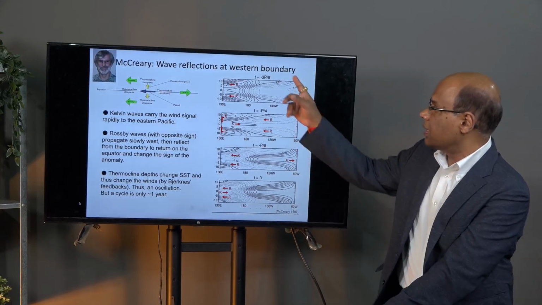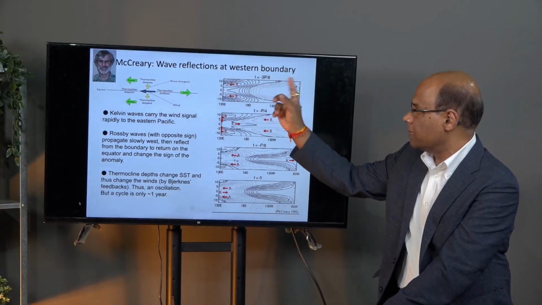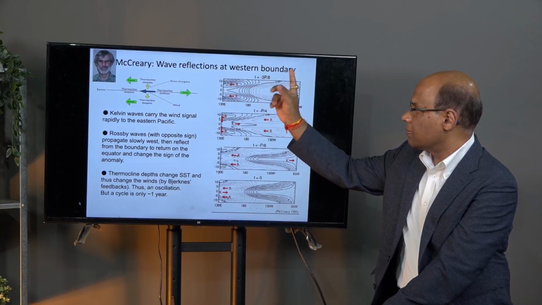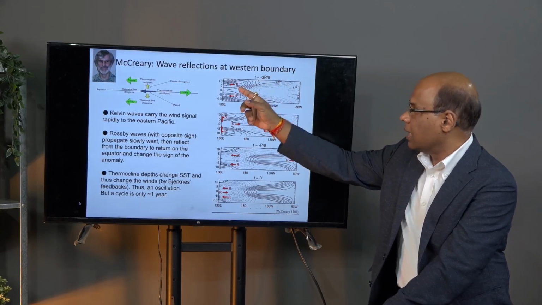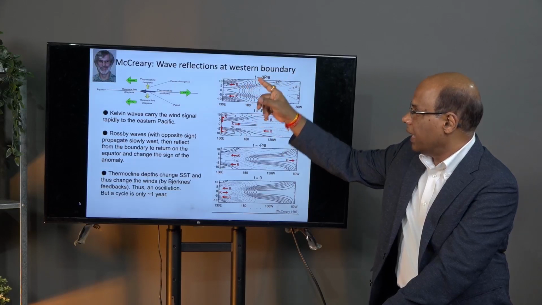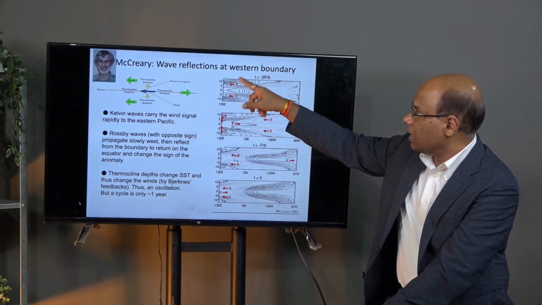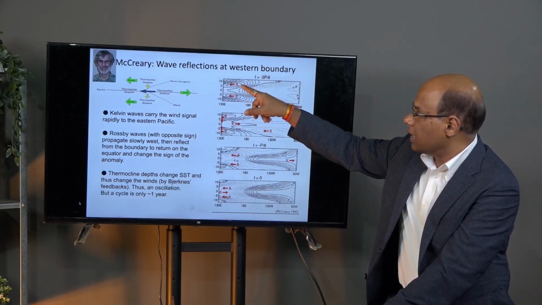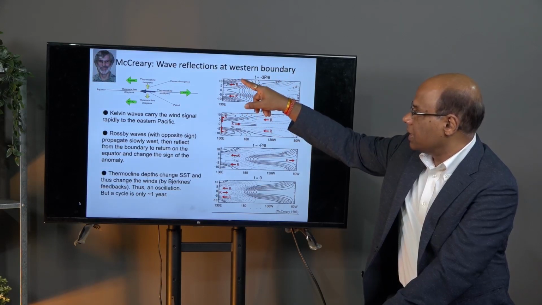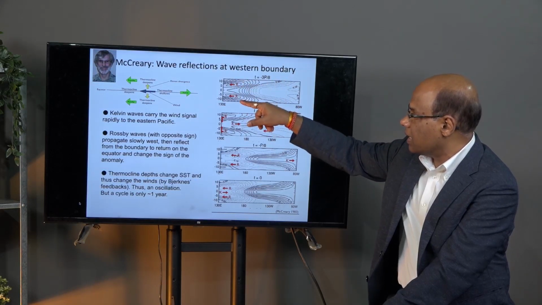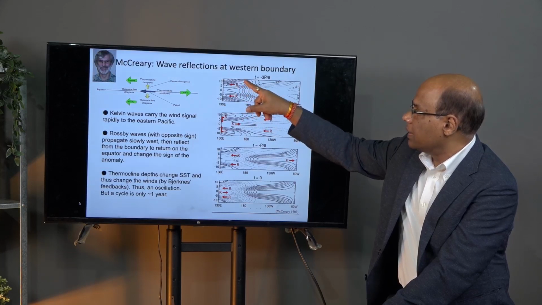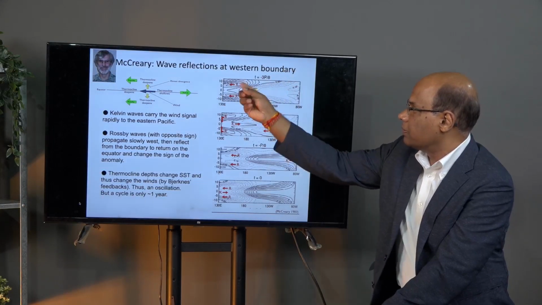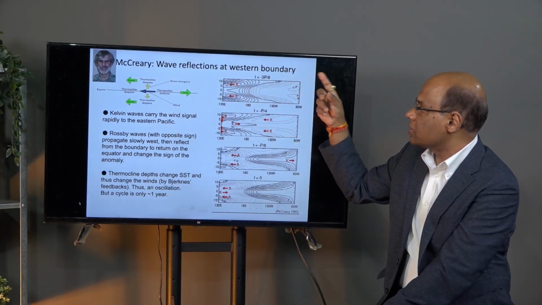As you have seen in my previous slide, the trade winds are from northeast to southwest, and that kind of wind helps deepening of the thermocline in equatorial regions, like 5 to 10 degrees north and 5 to 10 degrees south in the western Pacific. And that deep thermocline can propagate westward as Rossby waves.